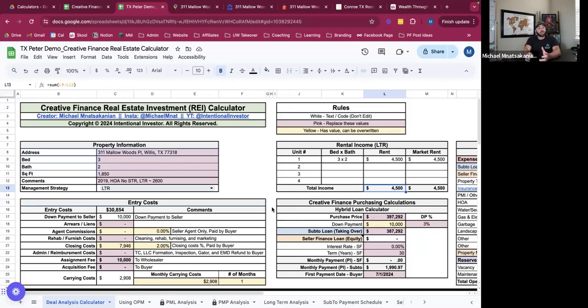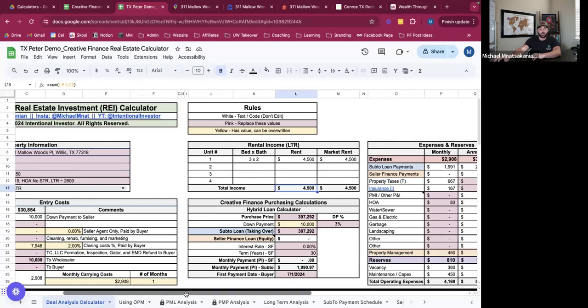And where seller finance is nice, typically the entry costs tend to be higher, because if someone has full equity, they're going to want their money. So they're going to want a portion of their equity paid out in advance. But the nice part is you have a lot more you can negotiate on. Why? Because you have every lever to play with.